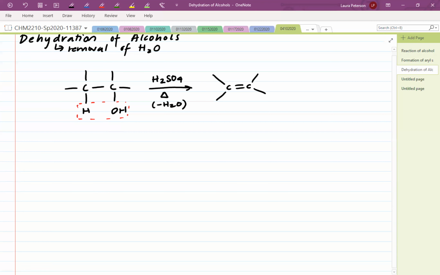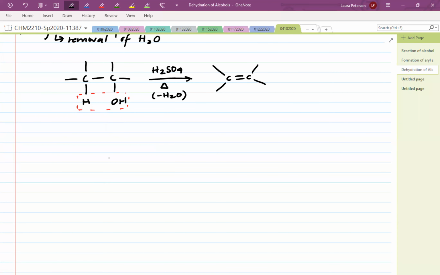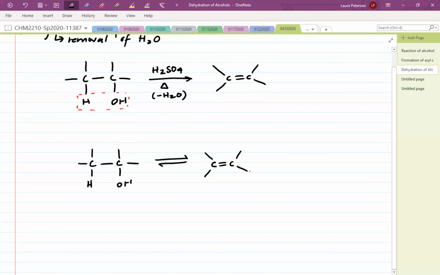Let me just draw these two molecules again, and I want to talk about the equilibrium that is established between the alcohol and the alkene. The forward reaction we're talking about is dehydration, and the reverse reaction is basically alkene hydration.